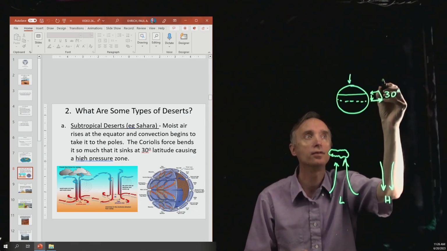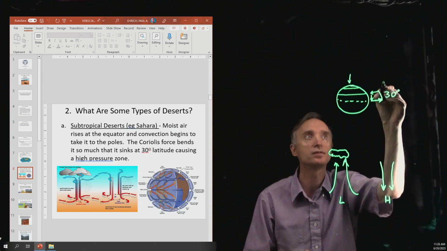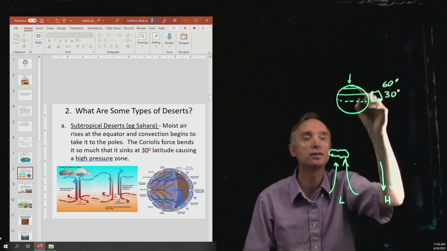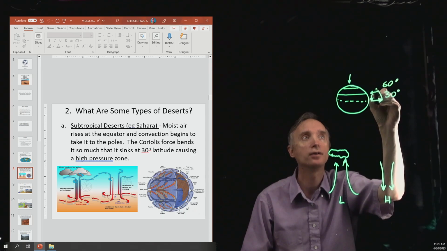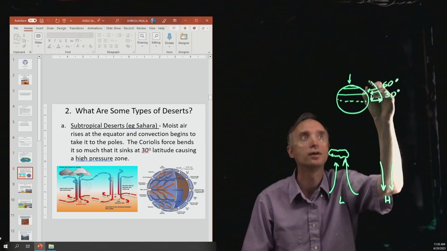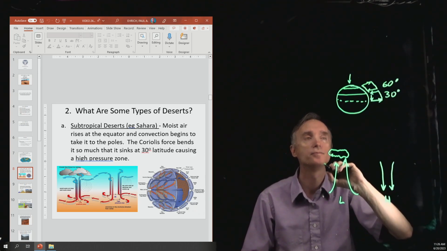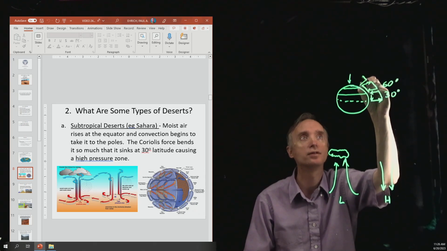There's also another convection cell that goes up to 60 degrees latitude, in the opposite direction. Air comes down here, then goes north, and then goes up at 60 degrees latitude.